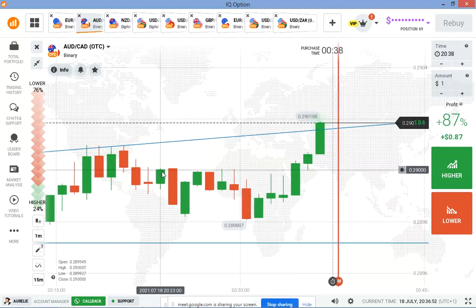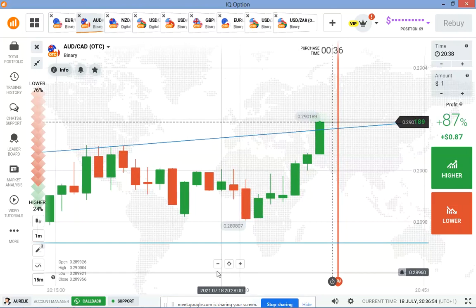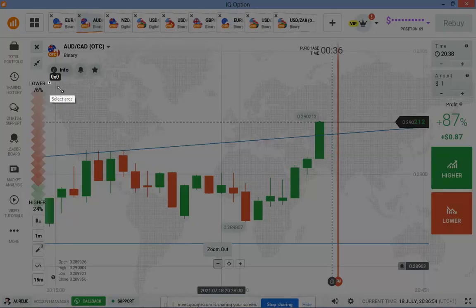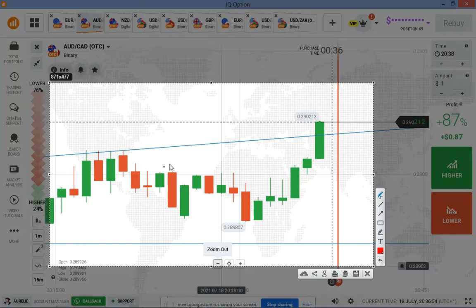Why? Because if we check again on the reversal zone, we see green to red, green to red, rejection to red. But this candle now is above all the reversals here. It closed a little bit above all the reversals, though we still get rejection.